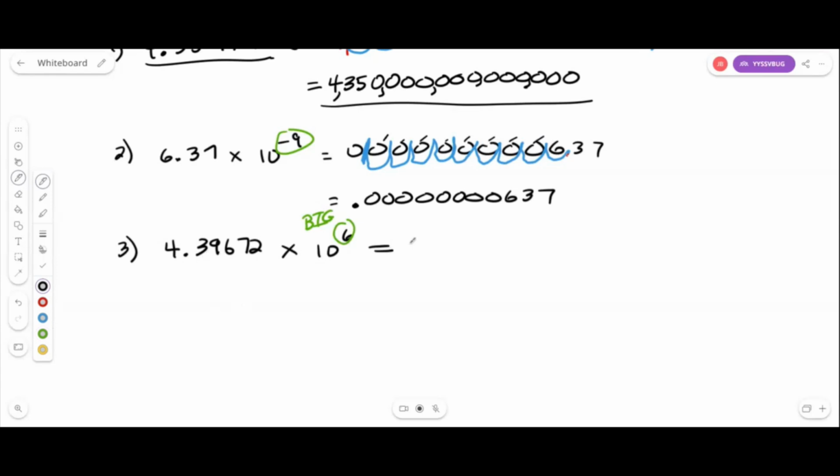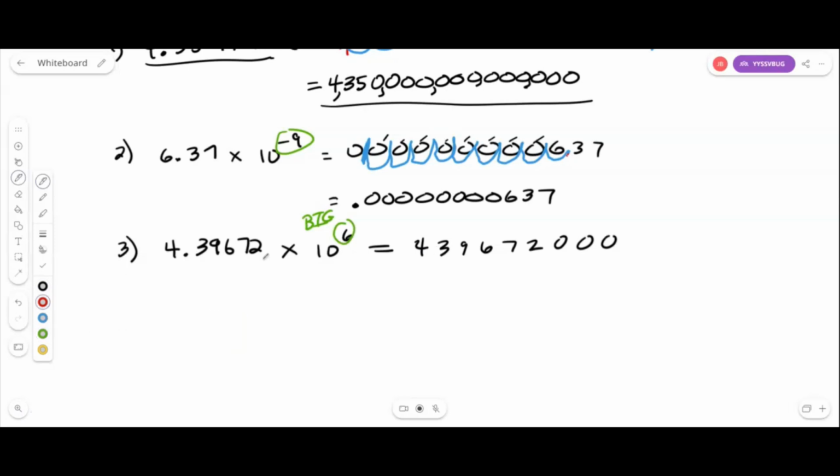So I need to write my digits, 4, 3. Notice I'm giving myself a little bit of space. And then I had what, 1, 2, 3, 4, 5 digits. So I need 6 moves. So I better put a couple of zeros on the end just to make sure.